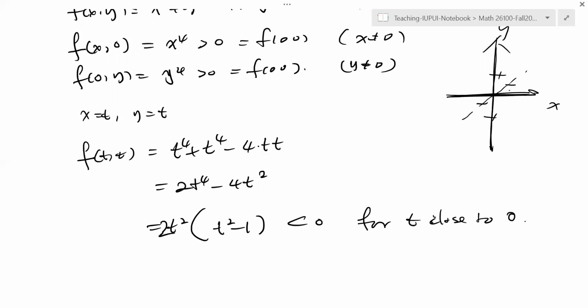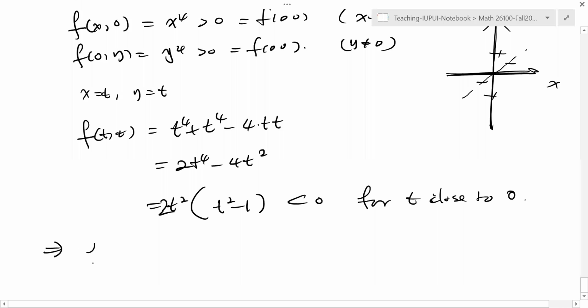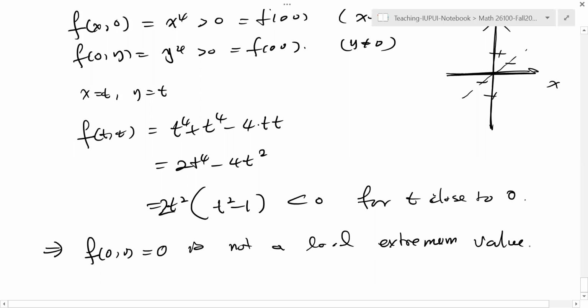This implies f(0,0) is not a local extreme value, because in its neighborhood, somewhere is negative, somewhere is positive, no matter how small the neighborhood is.